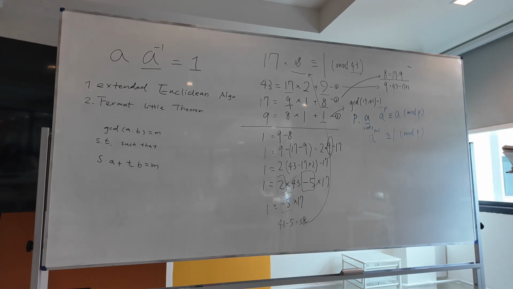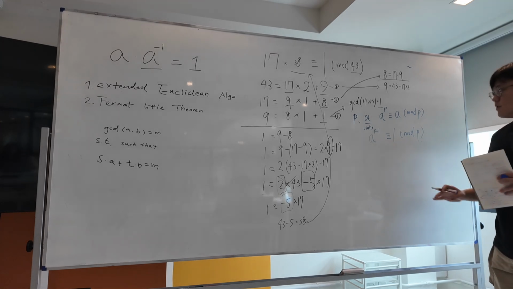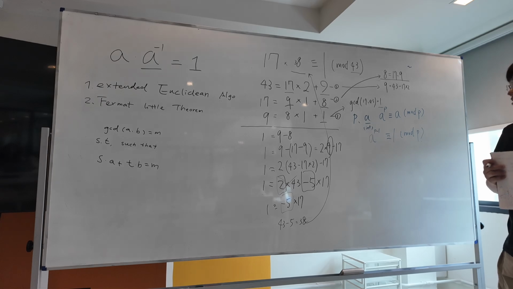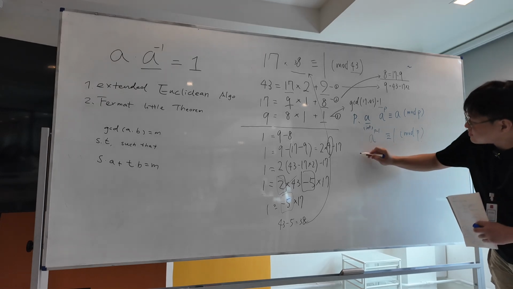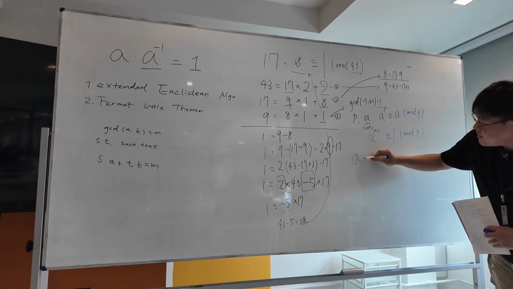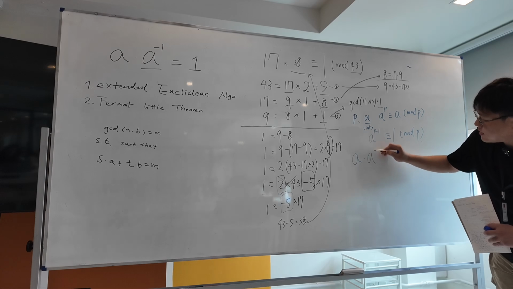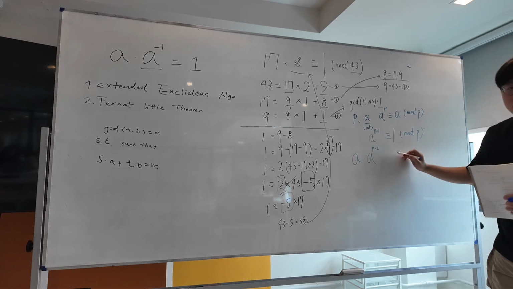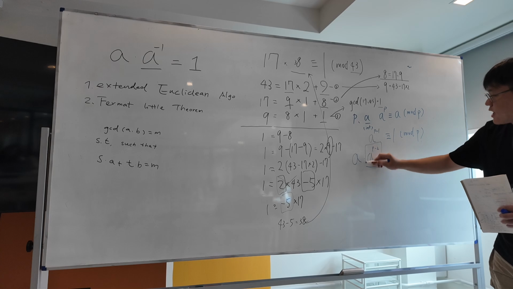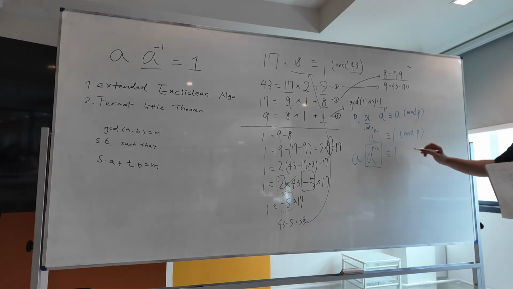We can actually take A and raise it to the power p minus 2. So that A inverse is what satisfies A times A inverse equals 1 mod p.